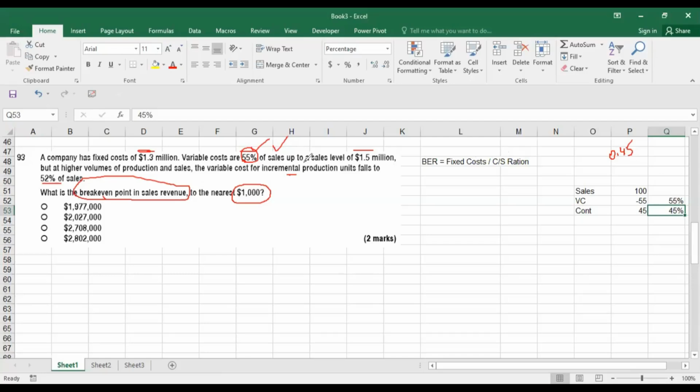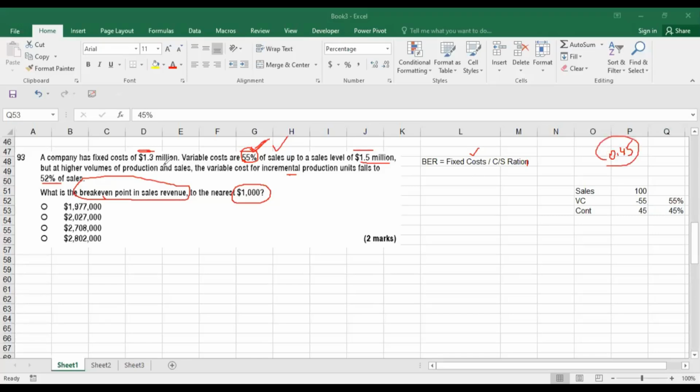So I know my fixed costs are 1.3 million, and the CS ratio. But the problem is which CS ratio I should use, because they say that until a sales level of 1.5 million, variable cost is 55%, which means the CS ratio is 0.45.